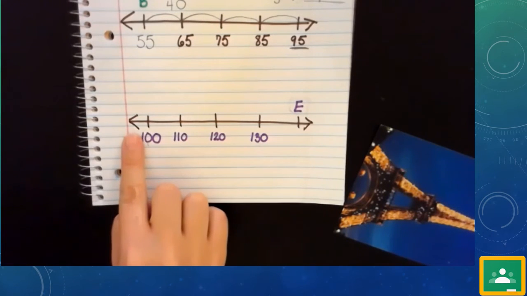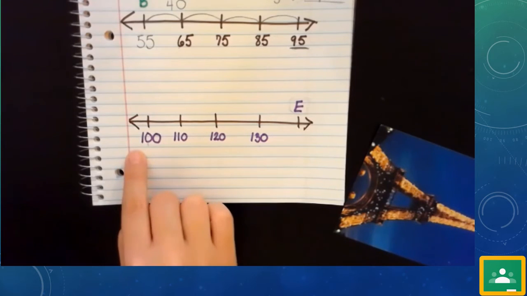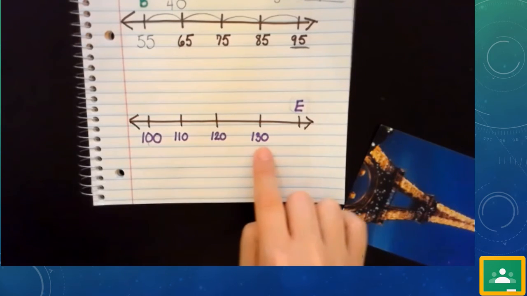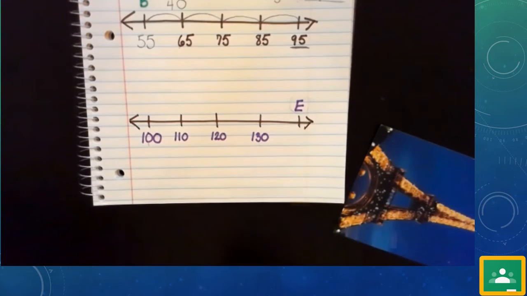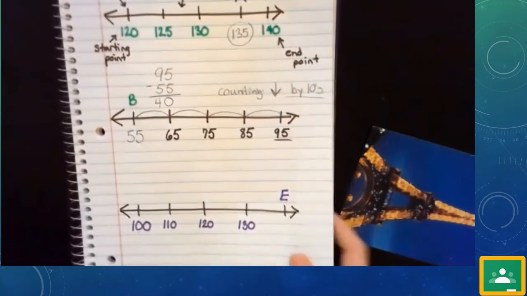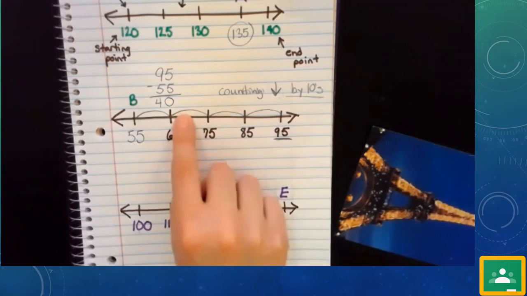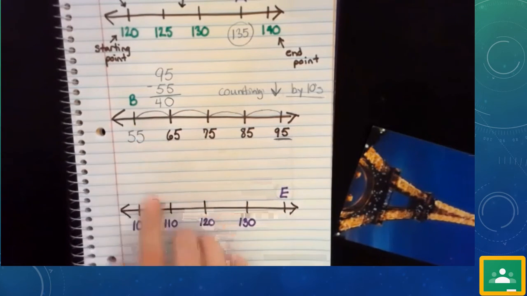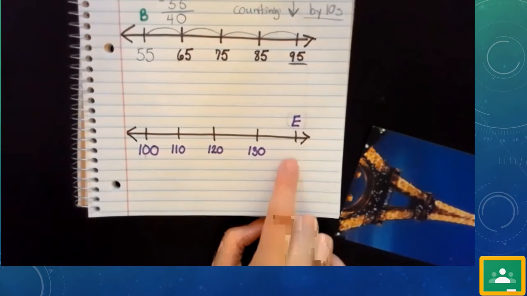We start with the starting point, which will be lower, and as I move my finger to the right, the numbers will increase. They will increase differently. Sometimes it will be by 5s. Sometimes it will be counting down by 10s, or that's what I'll have to do in order to figure out that starting point. But this time, our missing information is to the right.